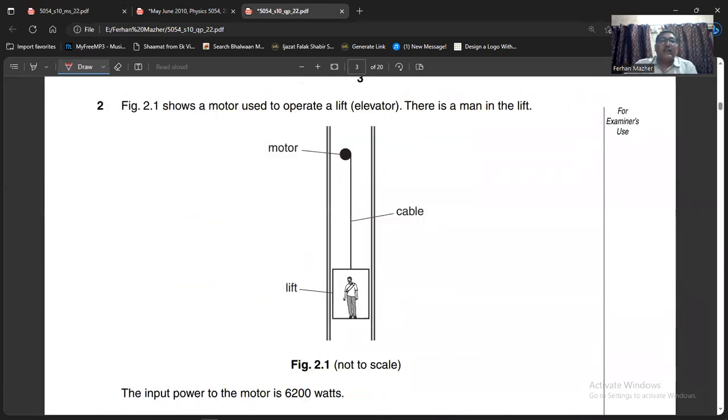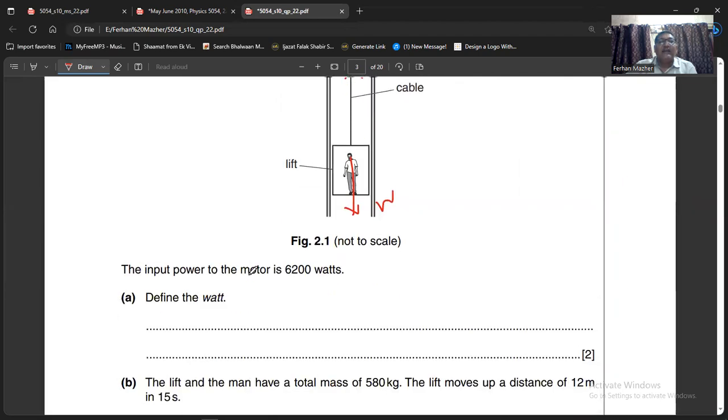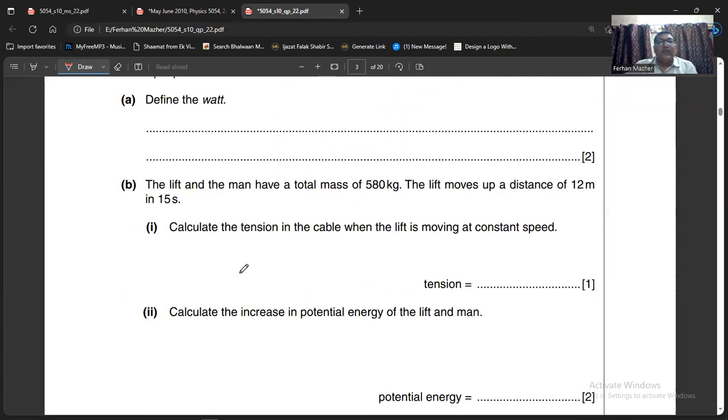The direction of the tension will be upward, and in the downward direction will be the weight of the man and the lift. So the weight will be W equals mg. The m value here is 580 kg, and the g value we take as 10 Newton per kg.